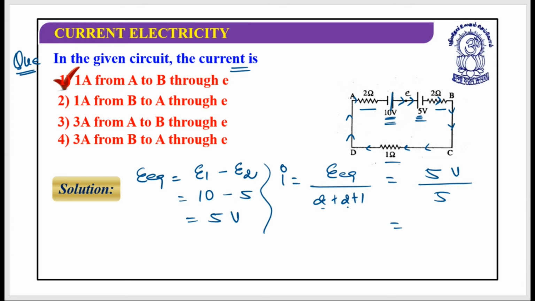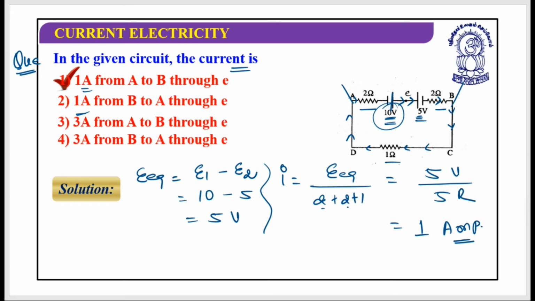It's 5 volt divided by 5 ohm. So this is equal to 5 by 5, which is 1 ampere. One more thing: 1 ampere has two options, but as this is the battery which will dominate, the current will pass from A to B. This is the right answer. So 1 ampere, from A to B through E.